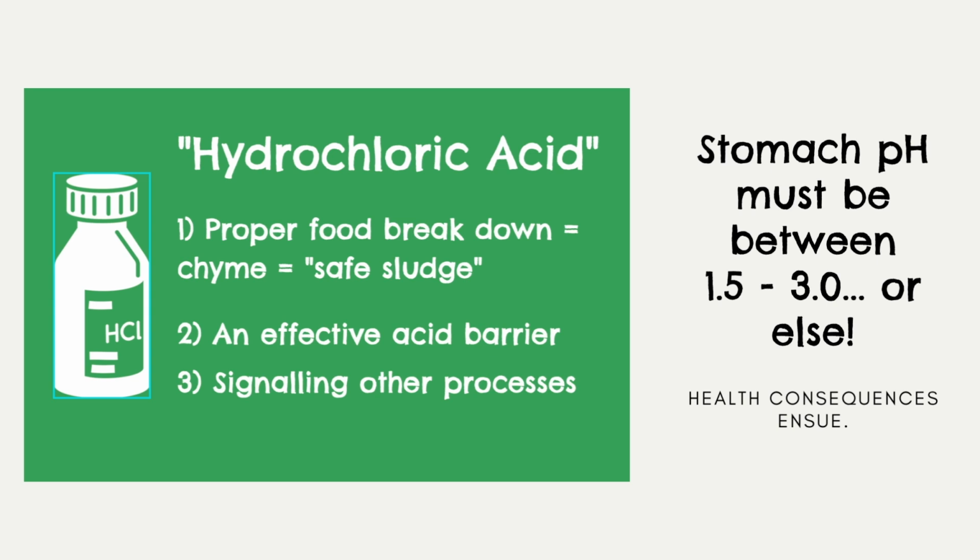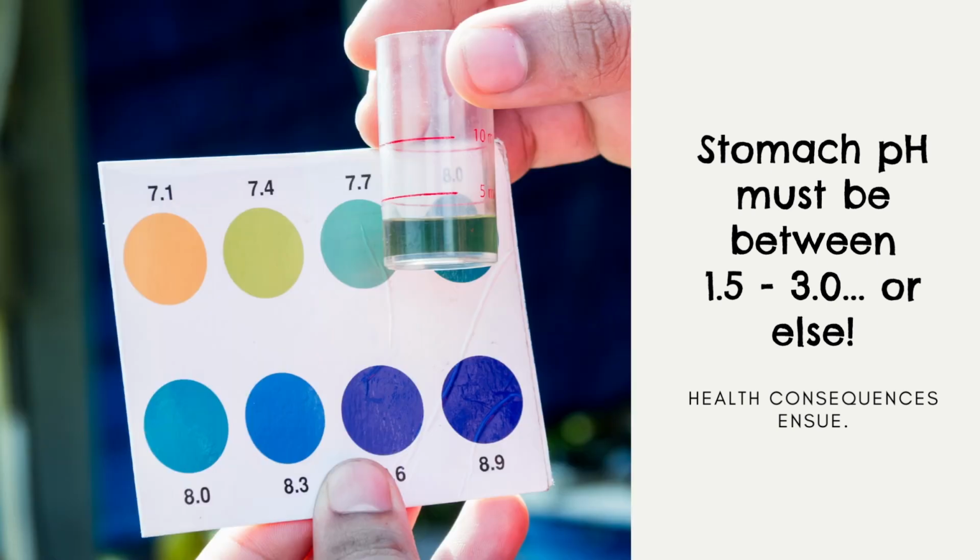Otherwise, health consequences ensue. So, what we mean when we say stomach acid is low or weak is that the pH is too high, or a number above 3. Got it? So, any pH number above 3 signifies weak stomach acid.